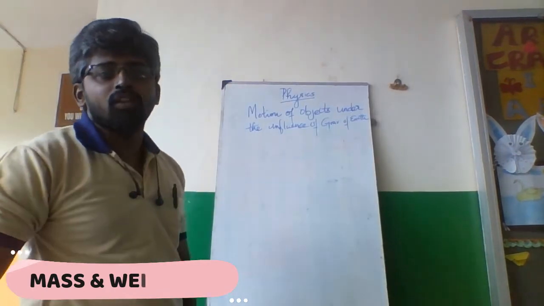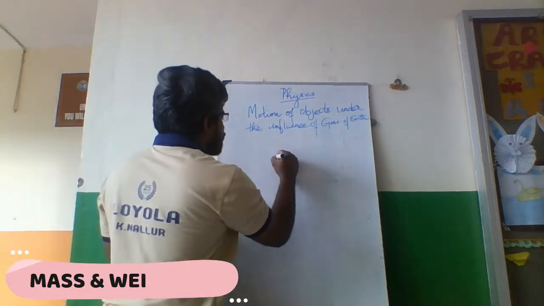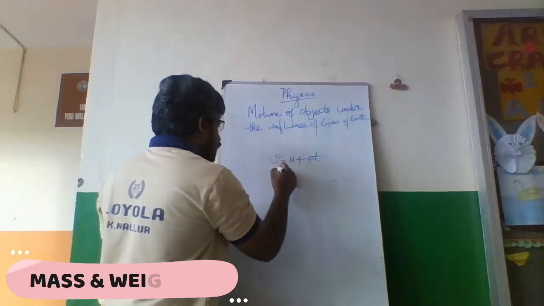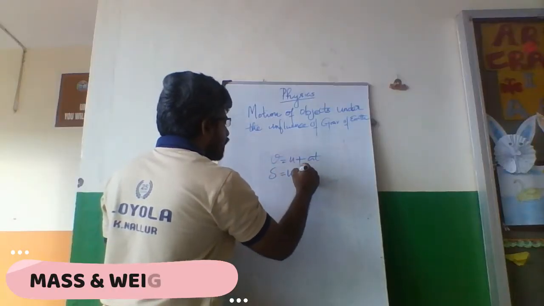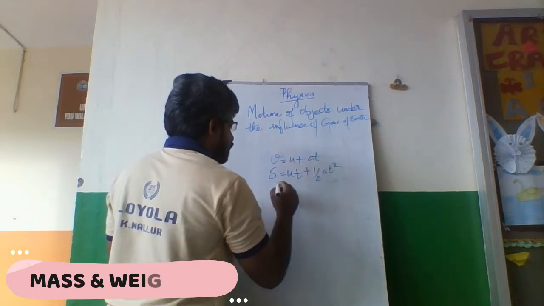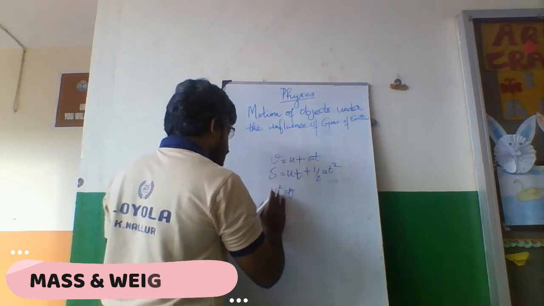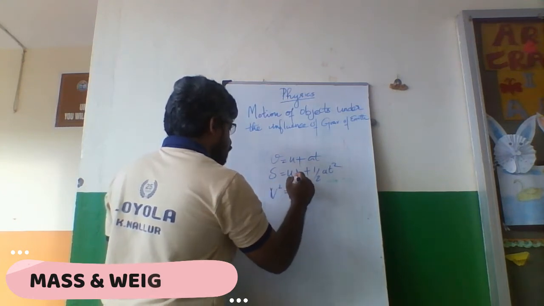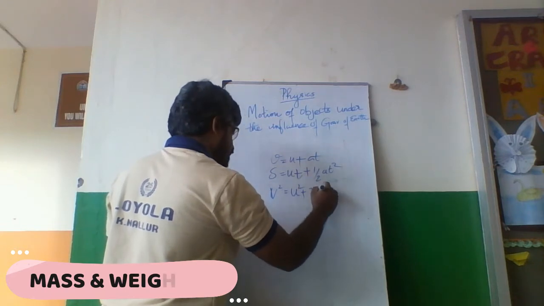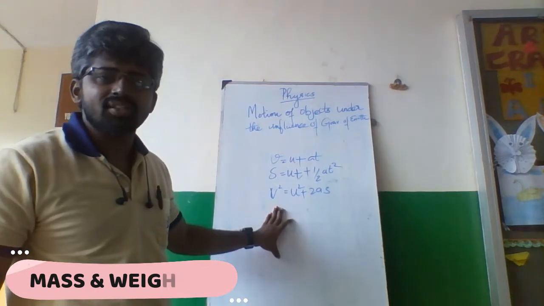Hope you remember all these three equations of motion. v is equal to u plus at, s is equal to ut plus half at square, and v square is equal to u square plus 2as. So you know all these three equations.